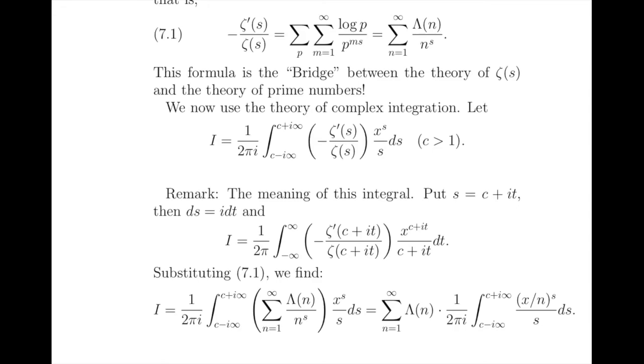We already know this expression, that zeta prime over zeta is expressed by the infinite series involving the von Mangoldt function. So inserting this expression in here, we obtain that I is written by this infinite series.